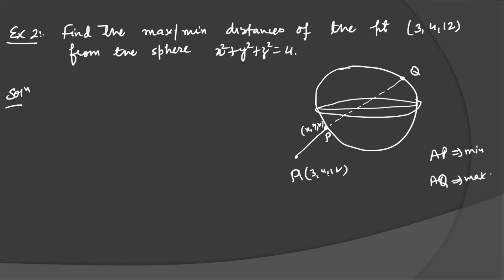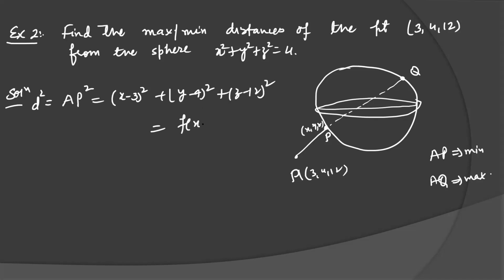Okay, so suppose P is a point x, y, z which is providing the minimum distance. So what is the distance? I'm taking a general point x, y, z. That can be P or Q also. We don't know, we will find it later. So what is your distance? AP square, distance square is x minus 3 whole square plus y minus 4 whole square plus z minus 12 whole square, the distance between 2 points.